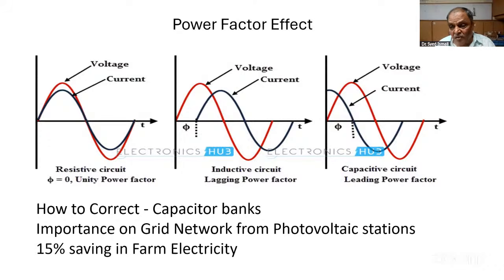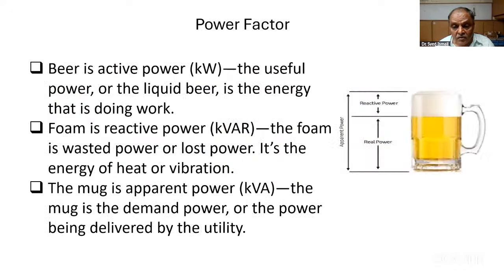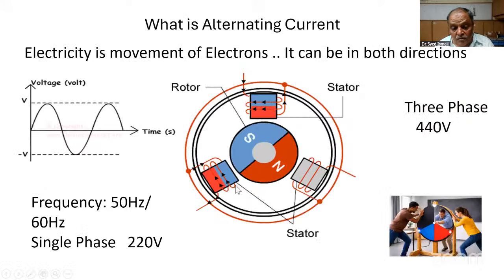Whenever a coil is there, there is inertia, which some of you know from school. There is a starting pressure and a stopping pressure, depending on the load. So what happens? The voltage, as I showed you, goes on increasing. Like we saw in the previous diagram, I'll go back to the previous diagram. You see here the arrow mark goes in one direction, then starts coming in the other direction.